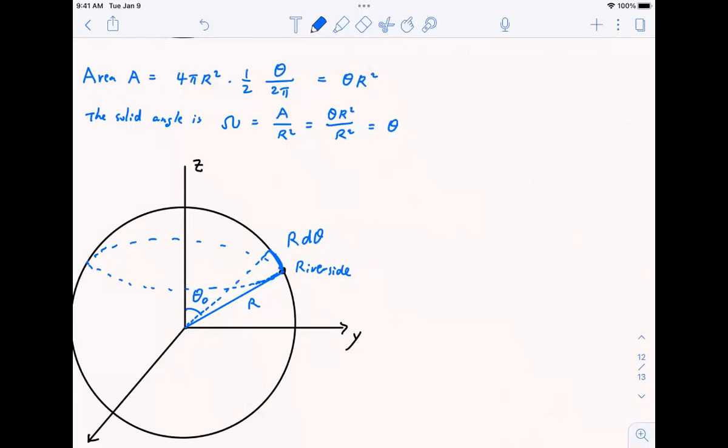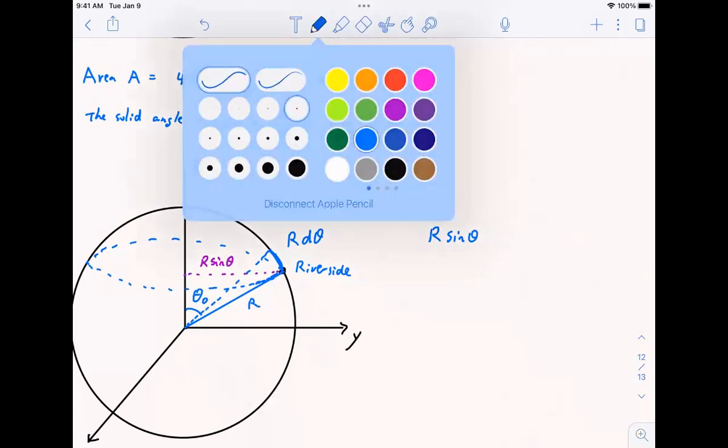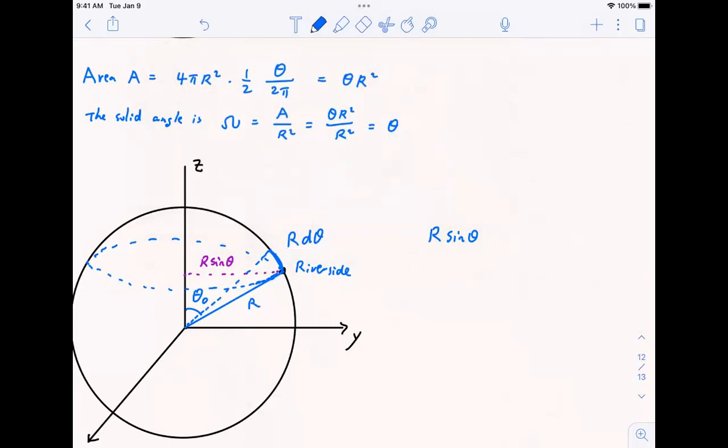So this whole thing is R sine theta. So this length is R sine theta, times R d theta.